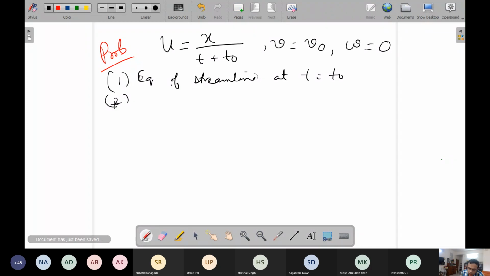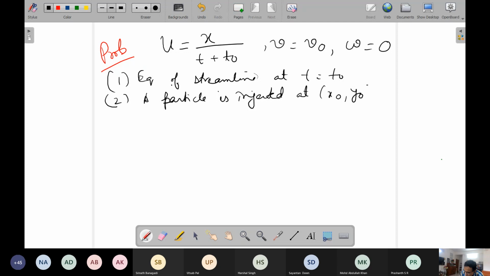Number two, a particle is injected at a point x0 comma y0 at t equal to t0. Find its locus.